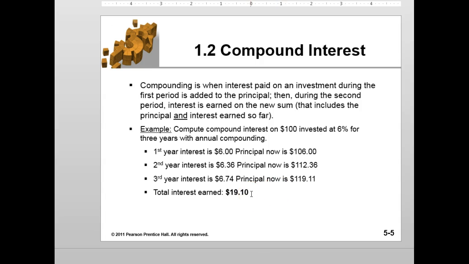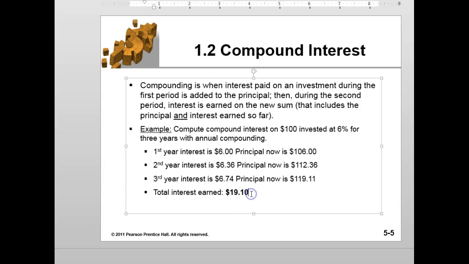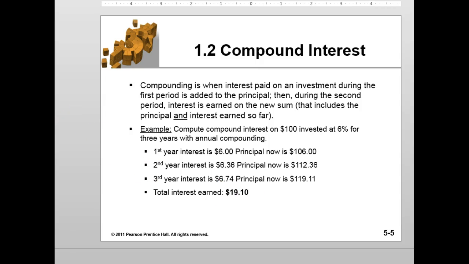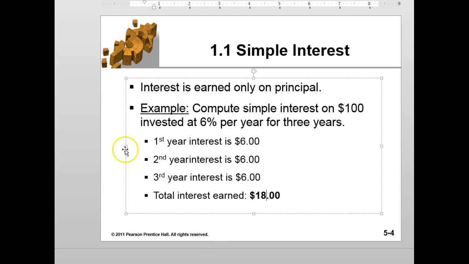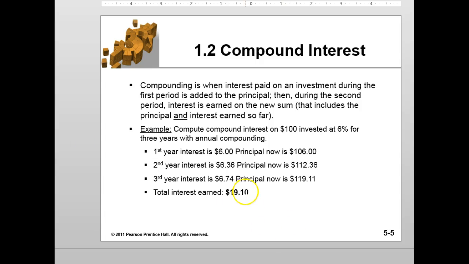So your interest earned for 3 years compound is $19.10, and your interest earned for simple is $18. Now, over the years, that accelerates considerably because the interest is building up in the principal.